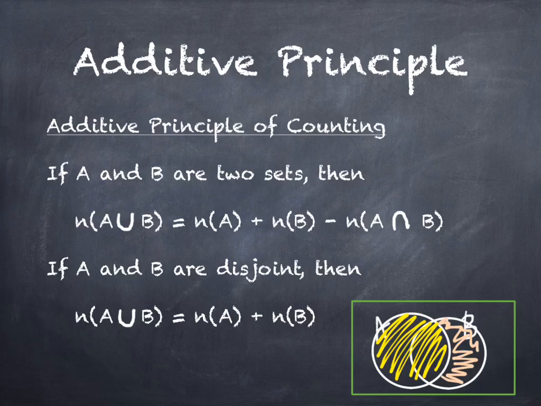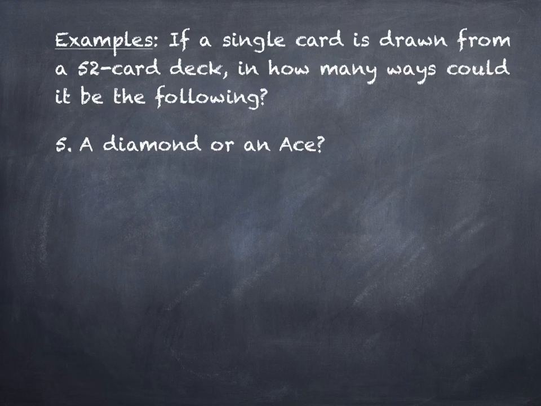Okay? So we're going to take a look at some problems, and I want to show you that these particular problems and the problems in the other half of what I'm going to do are very different. And they're very different by the way that the problem is worded. So this says, examples, if a single card is drawn from a 52-card deck, in how many ways can the following happen?